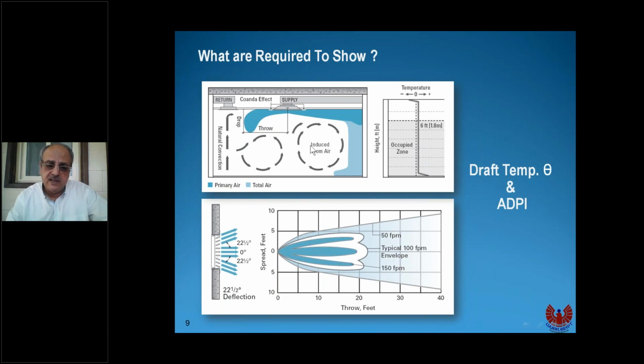So we have to see the flow of air inside the room, and we have to see the drop, the spread of air coming, the asymmetry of the temperature, and the same also for the relative humidity.